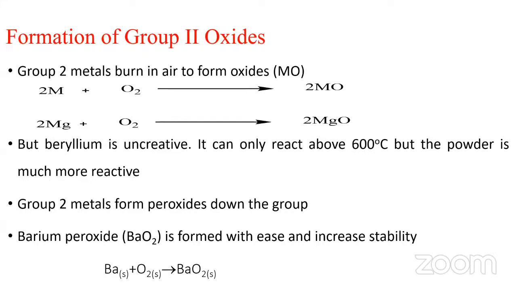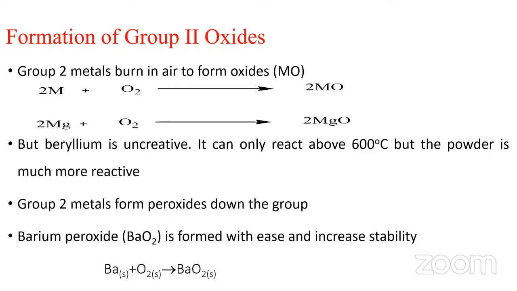But beryllium is very, very unreactive. Beryllium actually acts like aluminum in group 3. I'm sure they did the diagonal relationship with you, with Professor Fashinal, where beryllium has a diagonal relationship with aluminum.